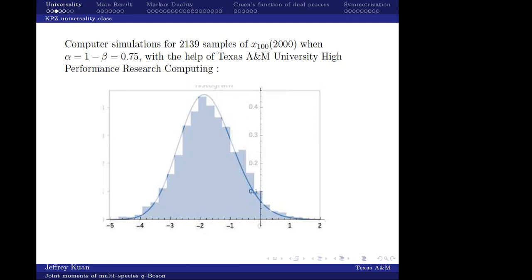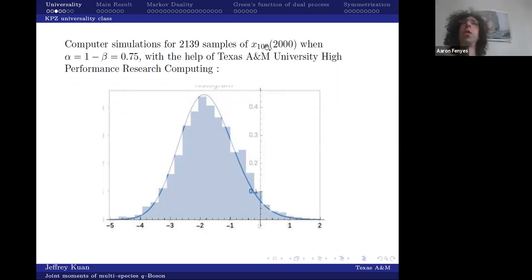Because the clocks are independent, each update occurs on average 1 over 2000 times. So each time you go up, you have to update 2000 times. So it starts running a little bit slower. To run this model for that amount of time, you have to run something like 1.5 million updates.